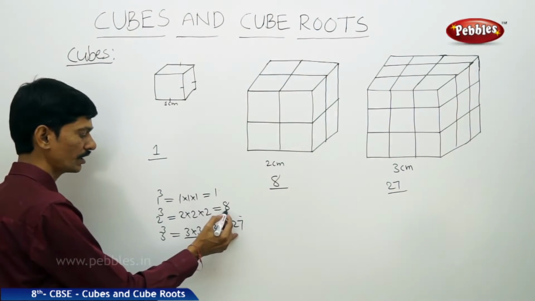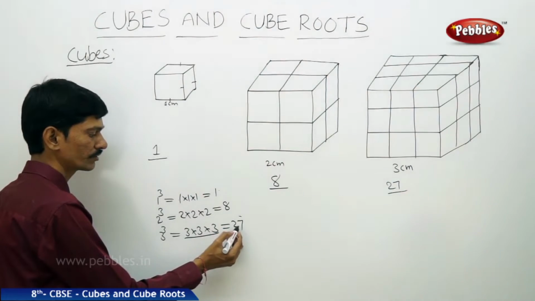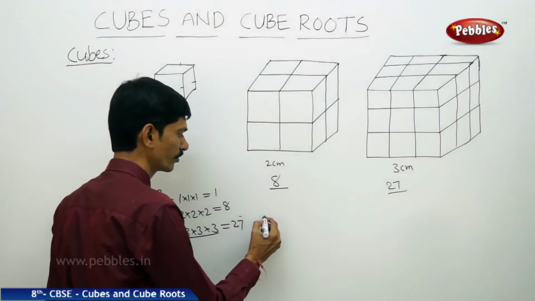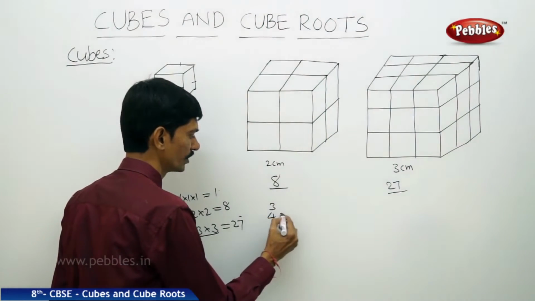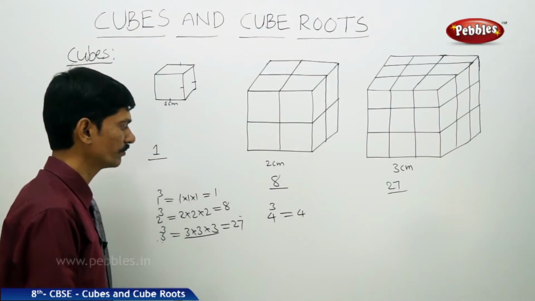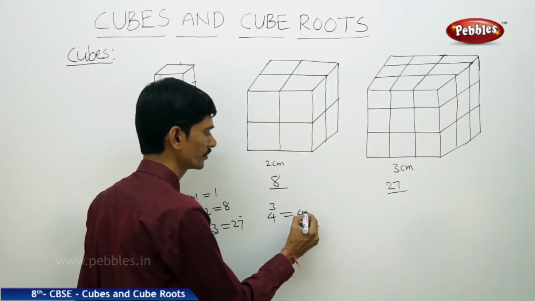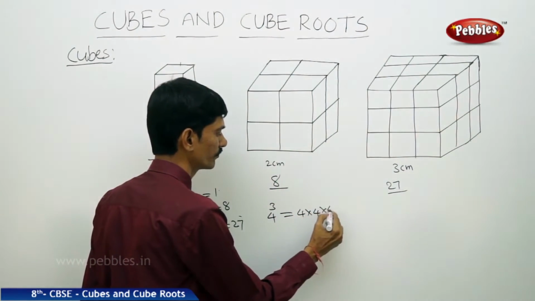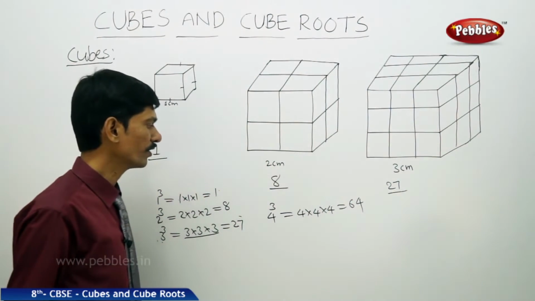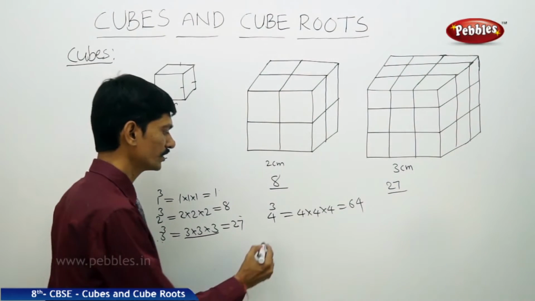Here 8 is called the cube of 2, and 27 is called the cube of 3. Then what is the cube of 4? To find the value of 4 cube, we multiply 4 three times. So 4 into 4 into 4 equals 64. Now the cube of 4 is 64. And what is the cube of 5?